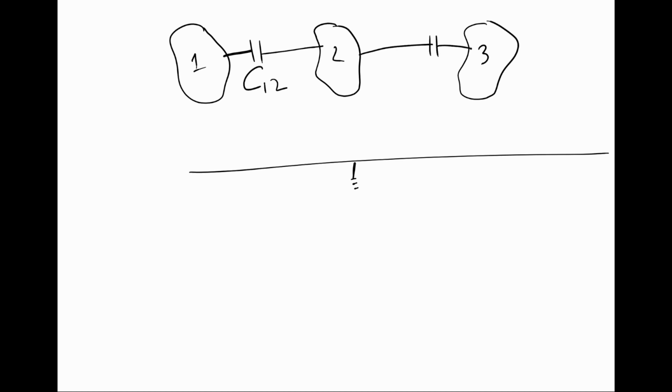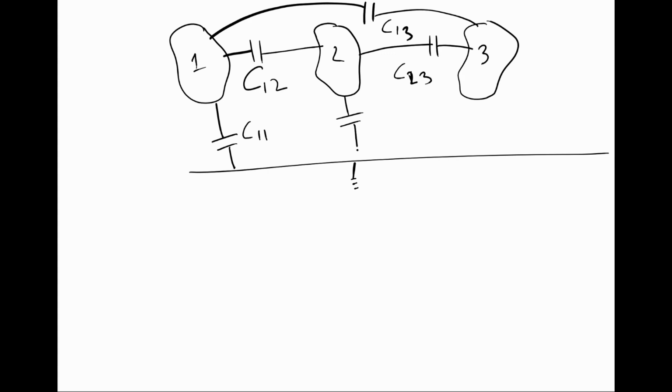There will be a capacitance between 2 and 3, C23, and between 1 and 3, C13. Similarly, there will be capacitances to ground, C11, C22, C33. These are the capacitances which we have just drawn to build some picture in our mind.